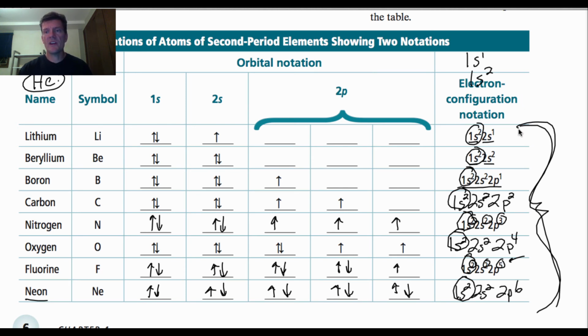So I can write it as helium, and I put it in brackets, and that takes care of the 1s2. And then I would write just the remaining part of that. So for this one, helium, and then 2s1, and then 2s2, helium, and then 2s2, 2p1.